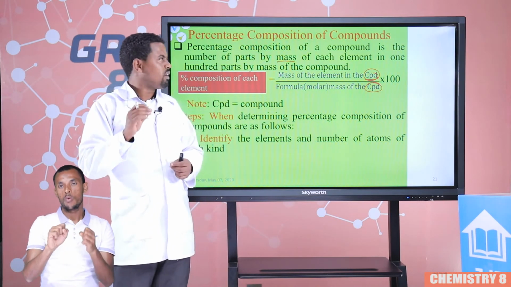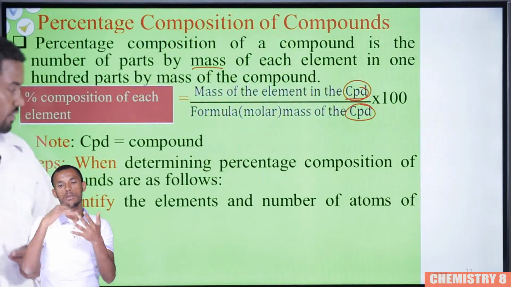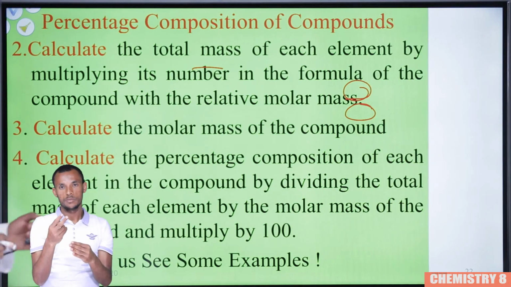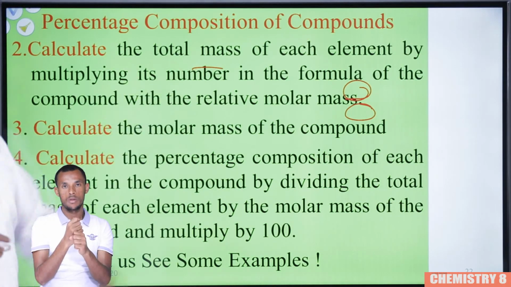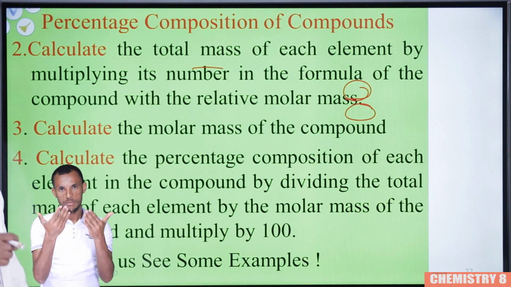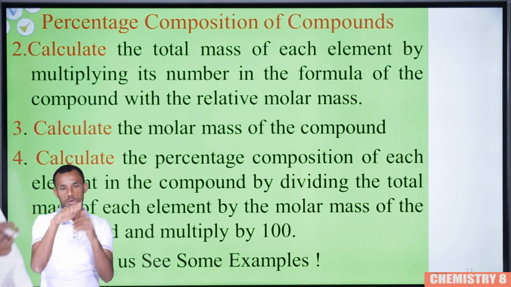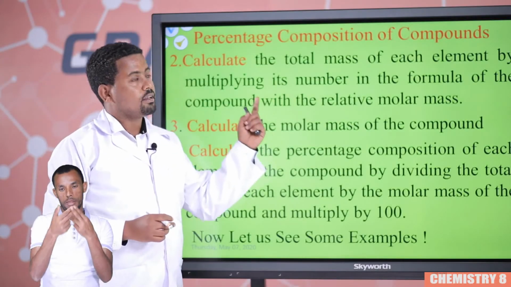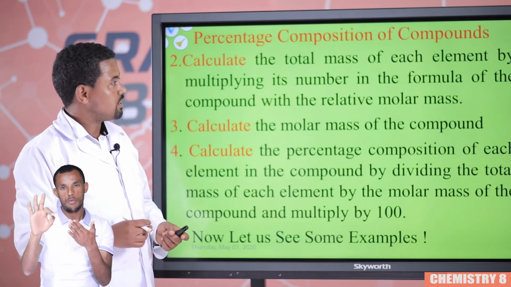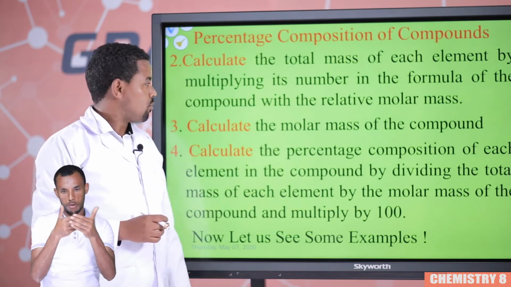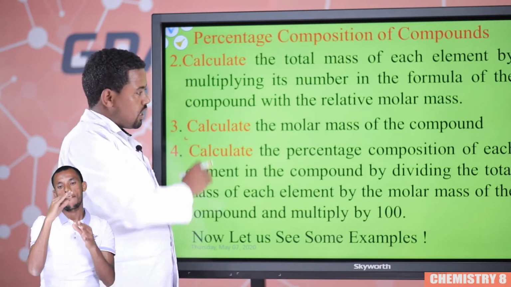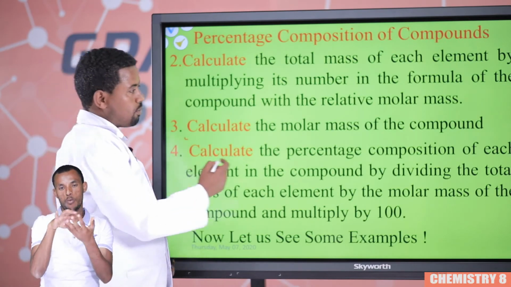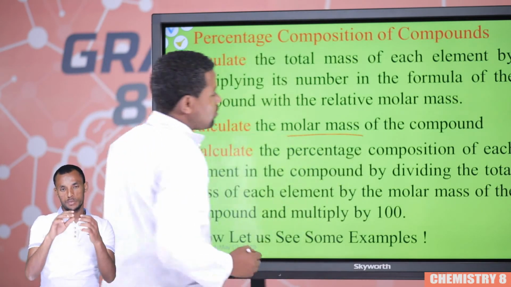The next step is to calculate the total mass of each element in the compound by multiplying the number of atoms by its relative atomic mass. Third, you have to calculate the molar mass of the compound.